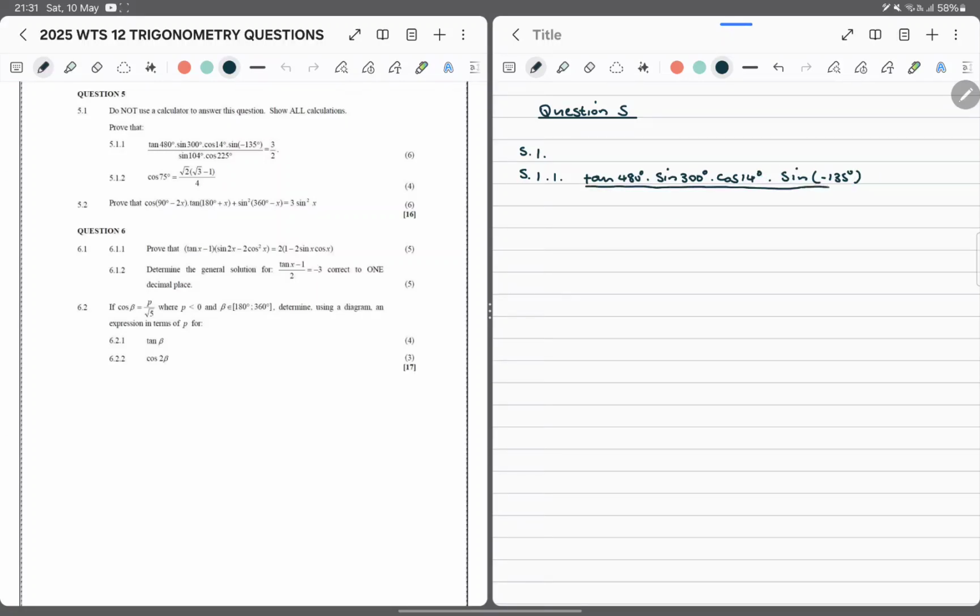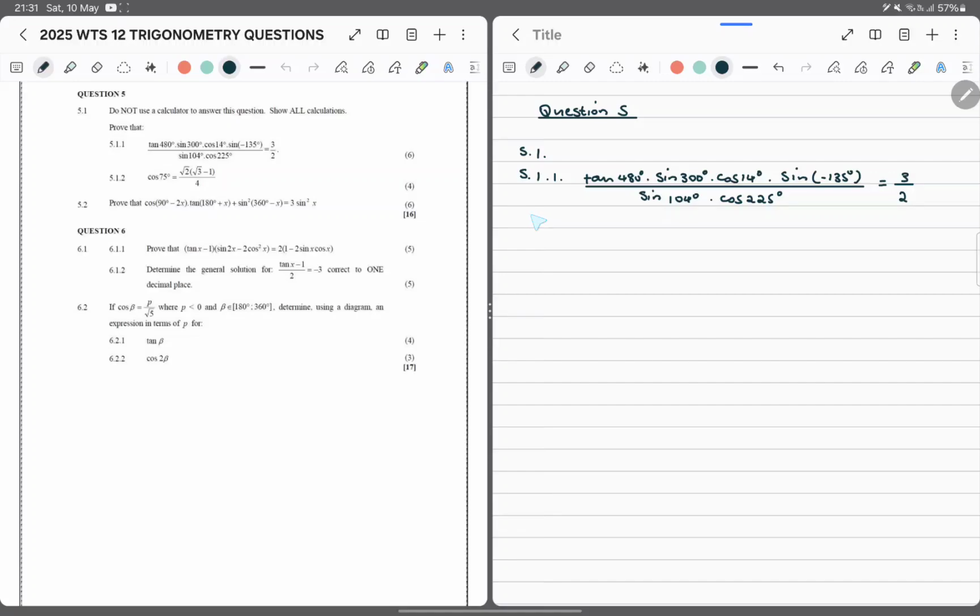All of that divided by sine of 104 degrees times cos of 225 degrees. We are told that this should be root 3 over 2. Okay, that's typically an identity.